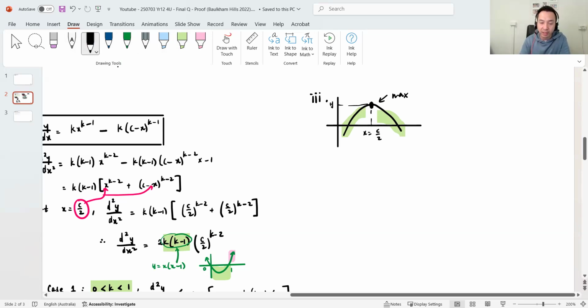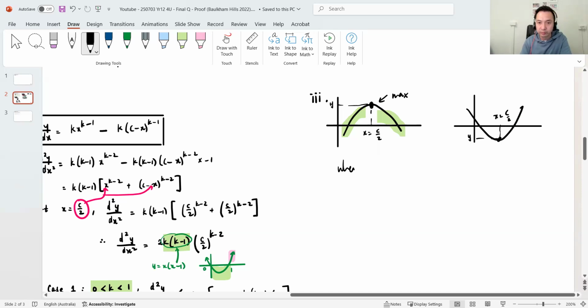So sub x equals c on 2 into the equation. That's when it's a maximum. The other case is when it's a minimum. Same deal, you've got x equals c on 2 there, and I have to find the y value. So either way, I'm going to sub c on 2 into the equation.